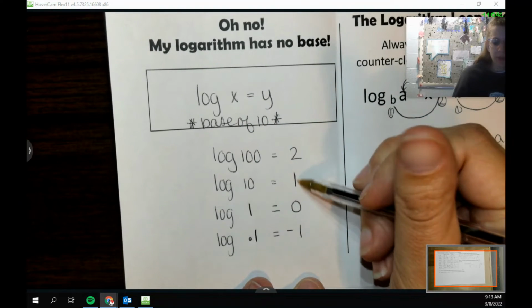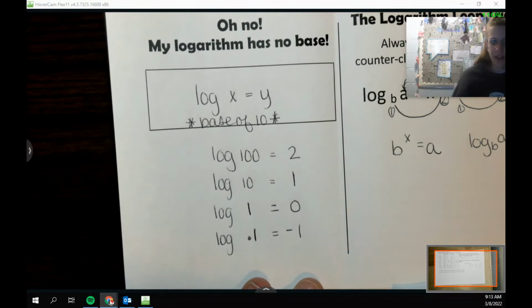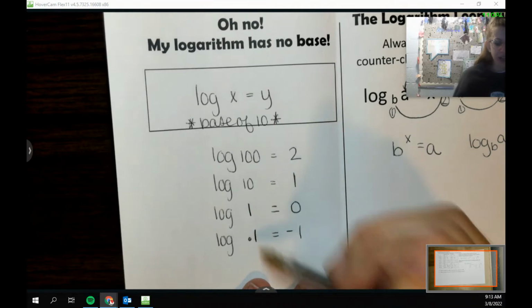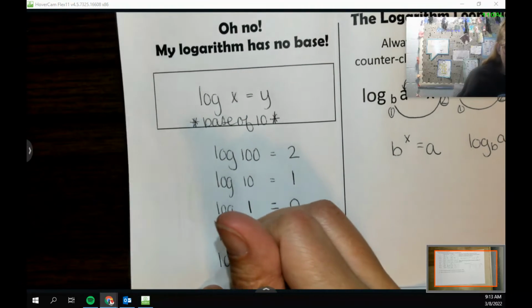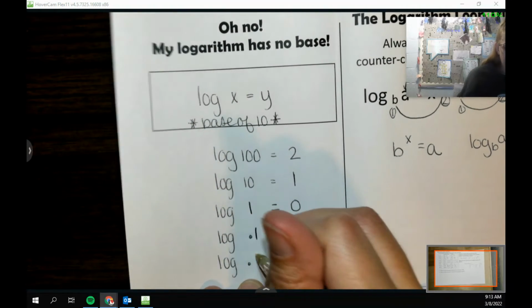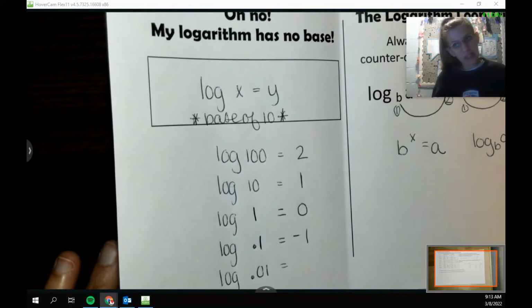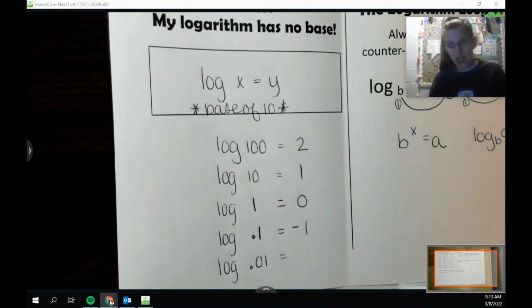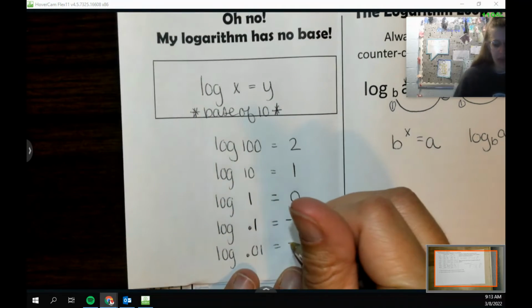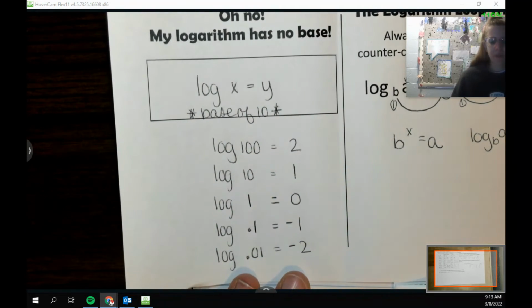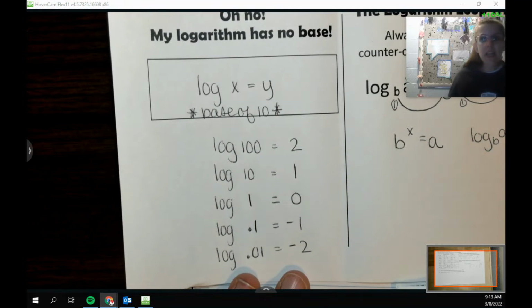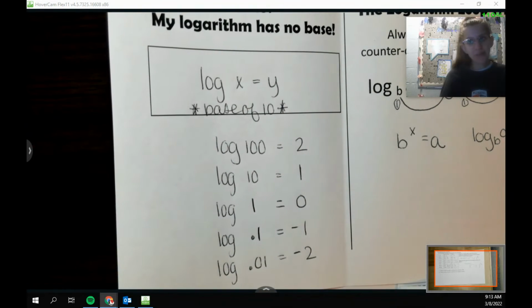And maybe we notice a little bit of a pattern here. And so if I had log of 0.01, now we're in the hundredths position, so we're 1 over 100. I think that'd be a -2. Okay, so if we have no base, my base is always 10, so we don't want to be tricked up by that.